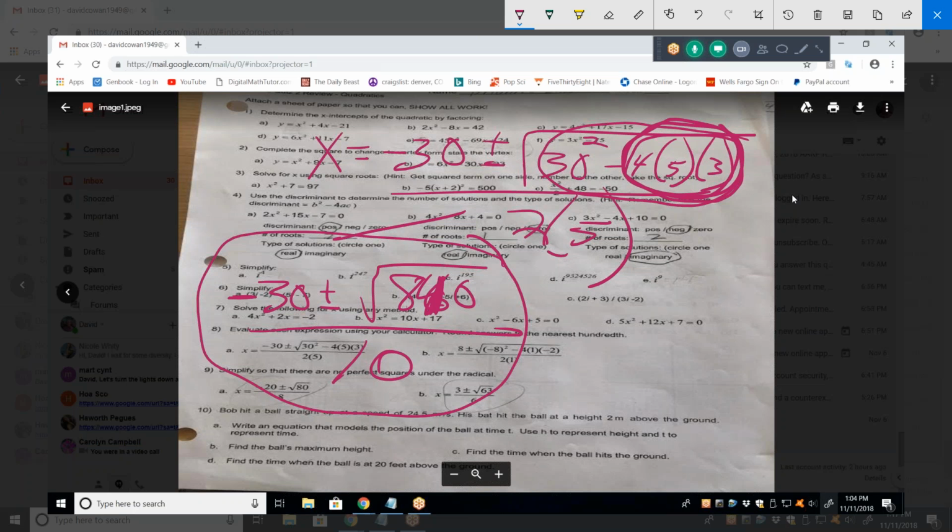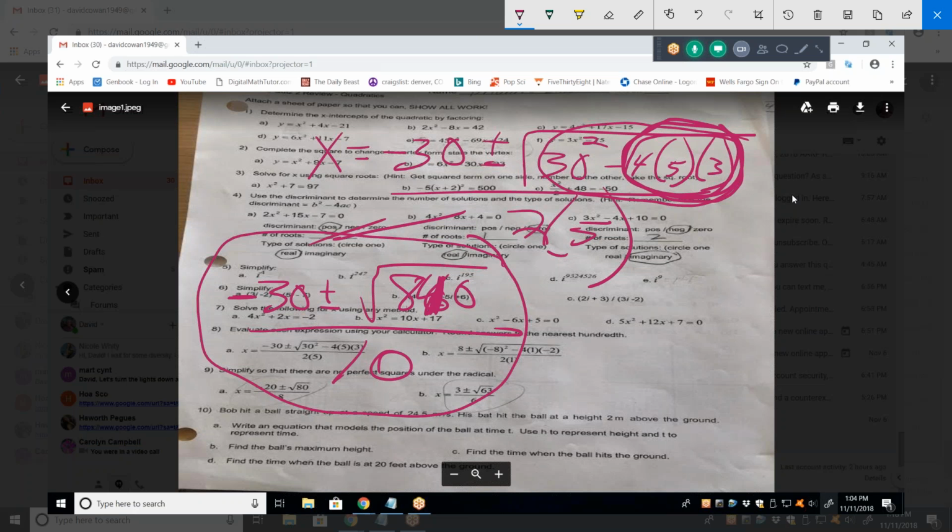And you're going to have negative 30 plus the square root of 840 divided by 10, and negative 30 minus the square root of 840 divided by 10. Those are going to be your two answers. So as long as you're using a calculator, this problem is very straightforward.